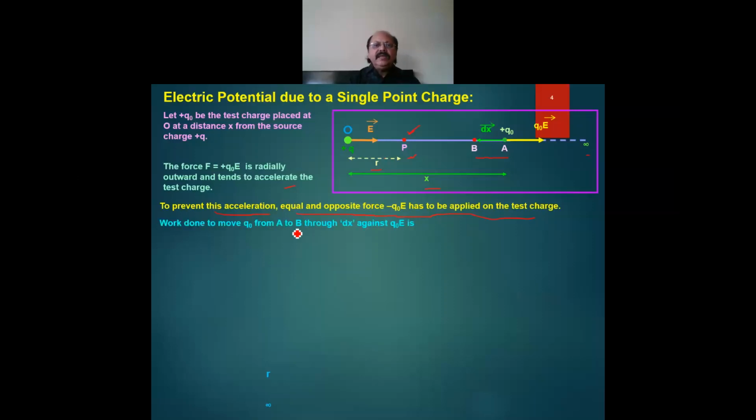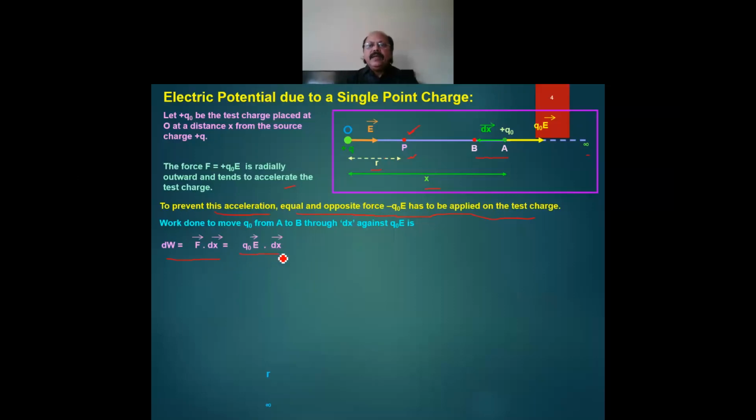Now we calculate a small amount of work done for moving plus q naught charge from point A to point B against the electrostatic force, that is q naught E. So that comes to be dW equal to F vector dot dx, and in place of F vector you can write q naught E vector dot dx.